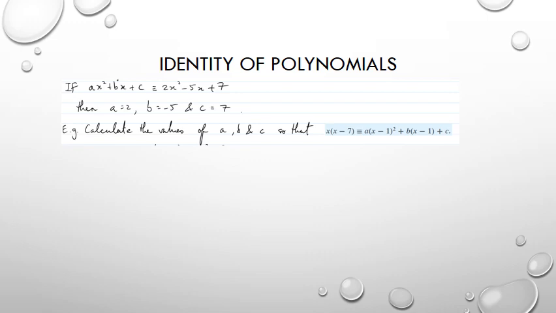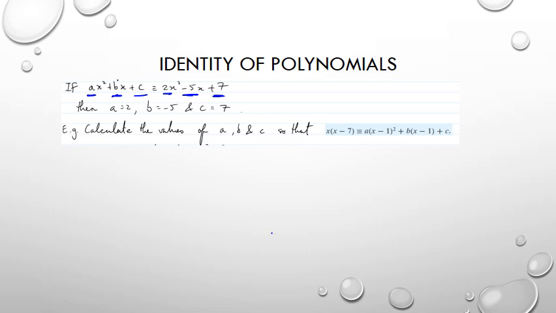Alright, so identity of polynomials. What it's saying is simply this. You check the coefficients, and because each term has to match up with their powers, the coefficients must match up. Alright, let's have a look at the example.